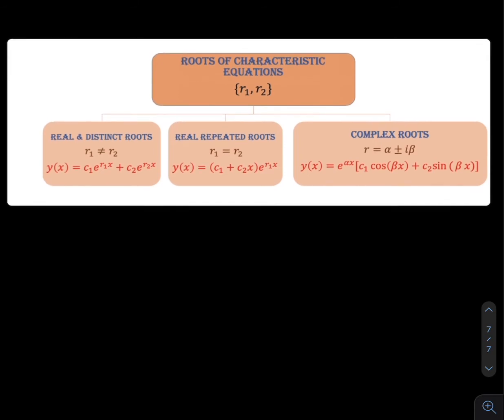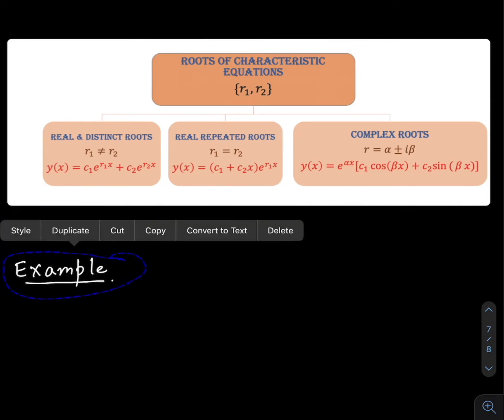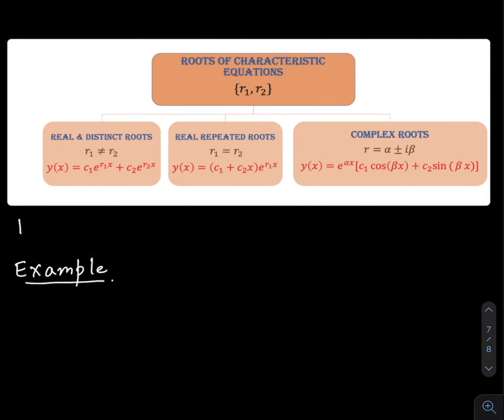In this video, we are going to see some examples to make things more clear. So let's start with the first case, when we have real and distinct roots. Probably I should write which case we are talking about.